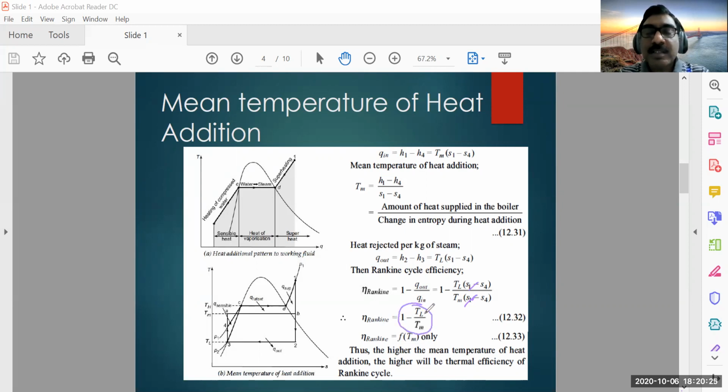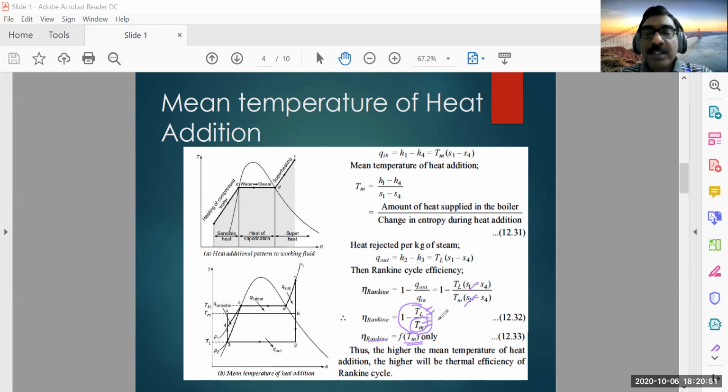Here TL is the lower temperature of the Rankine cycle, and Tm is the mean temperature of heat addition. Because this lower temperature is constant for a given plant, the Rankine efficiency is basically a function of Tm. So it depends on the mean temperature of heat addition.